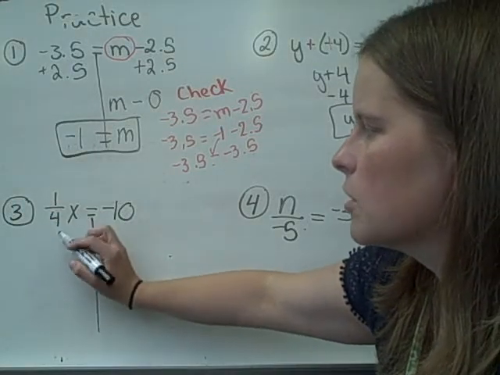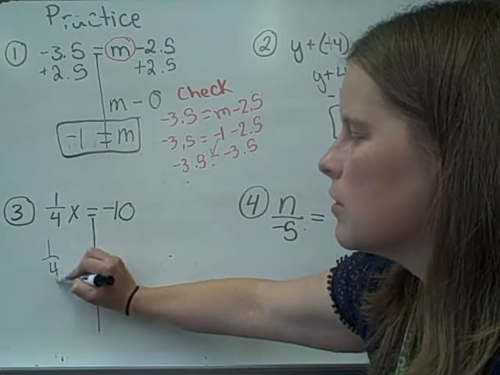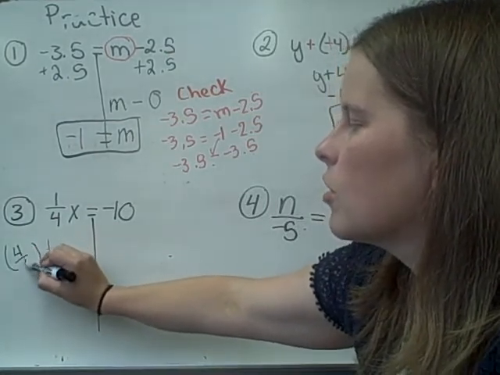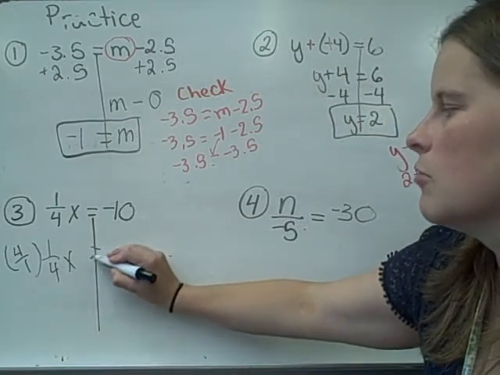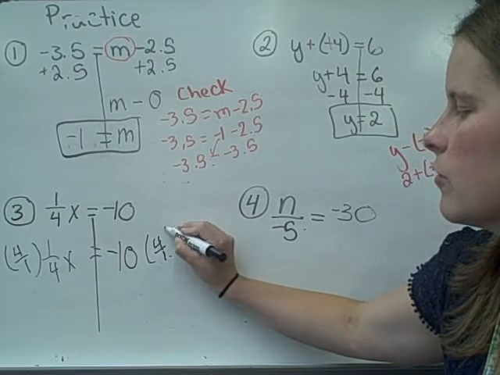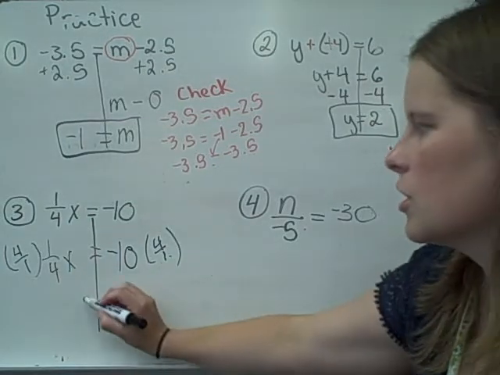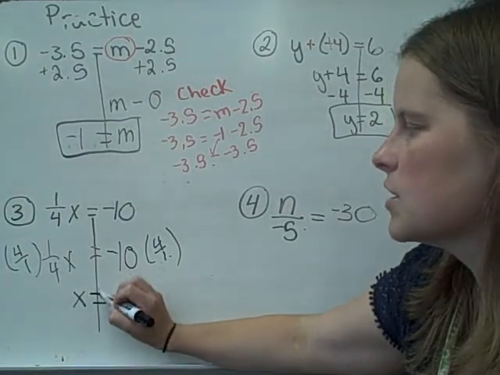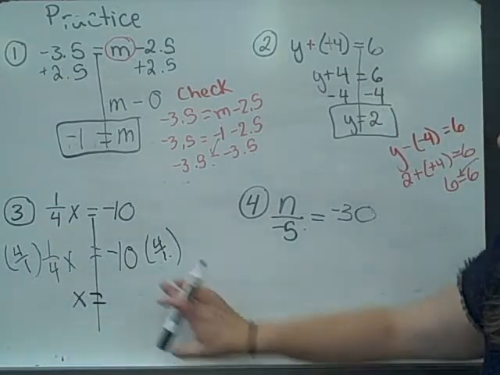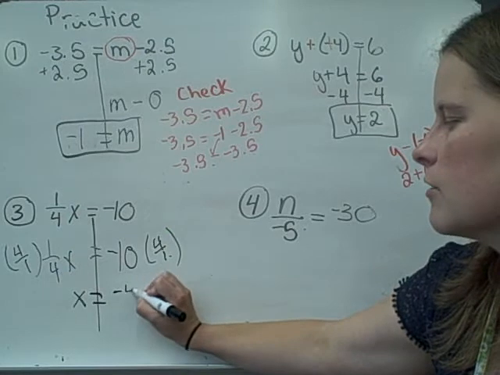So you are going to say 1/4 x times 4/1. Remember, you must do the same thing to both sides. Okay? So you're going to end up with x, because this would be 4/4, which is 1x, would equal a -40.